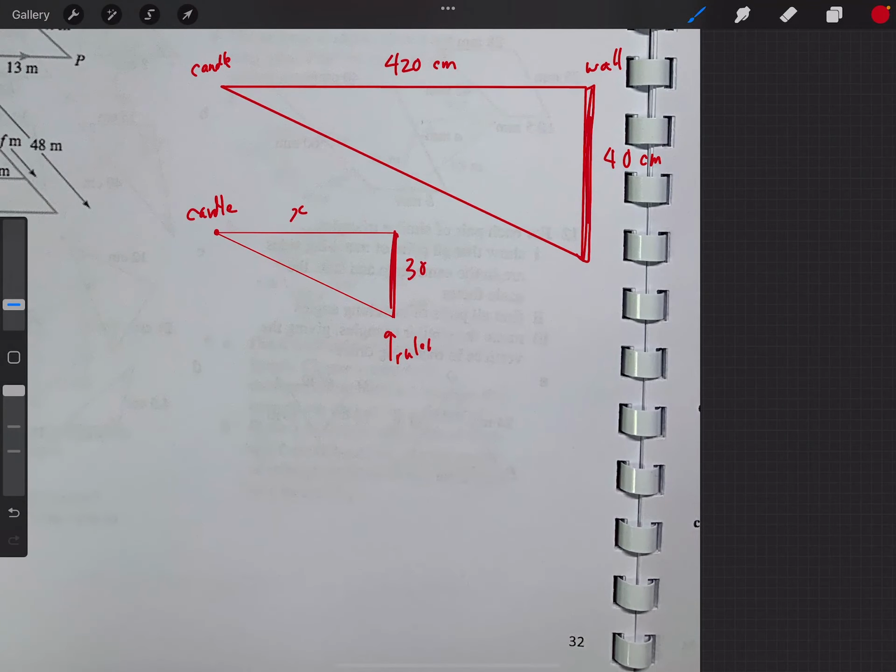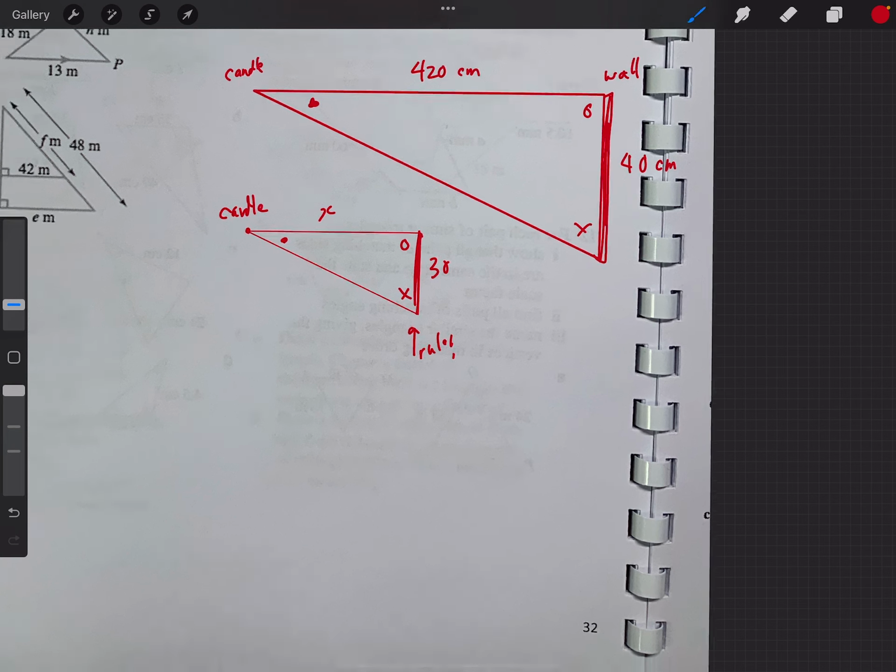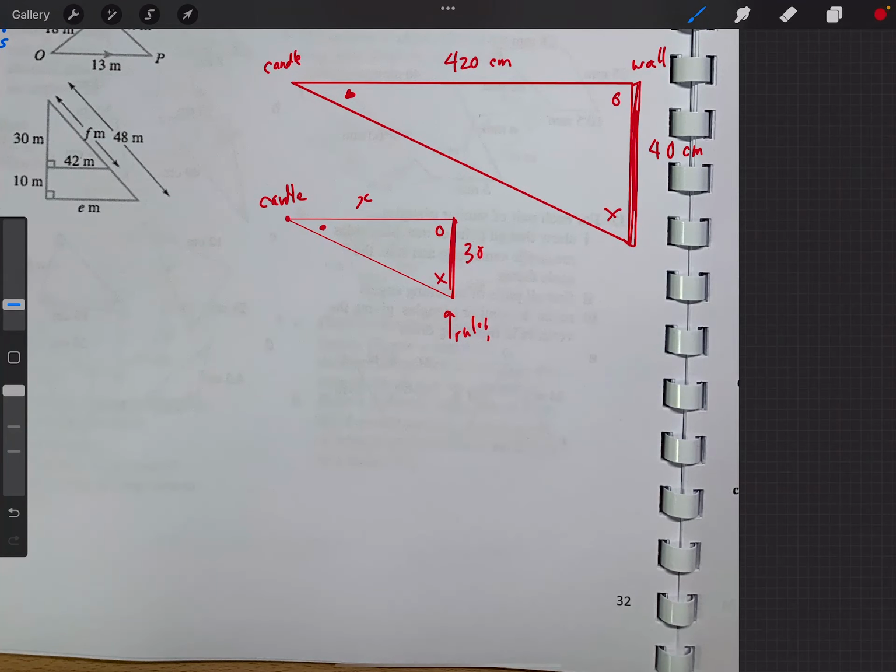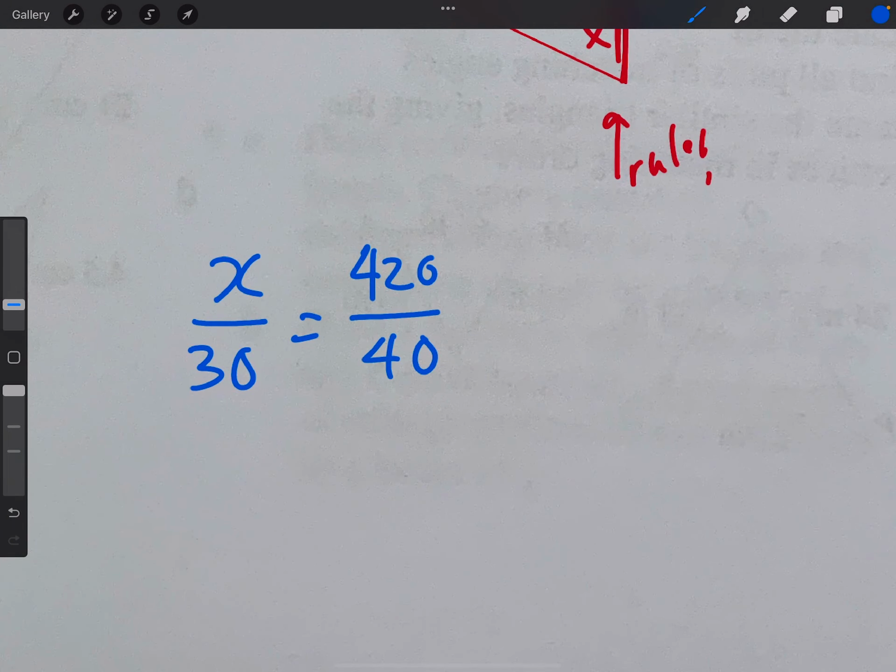So we use similar triangles. These angles are the same, these angles are the same, and these angles are the same. So I can say, for example, x over 30 is equal to 420 over 40. Let's simplify this. Let's divide it by 10. Now divided by 2, we get 21 over 2.